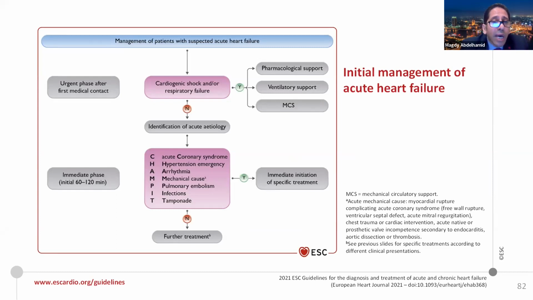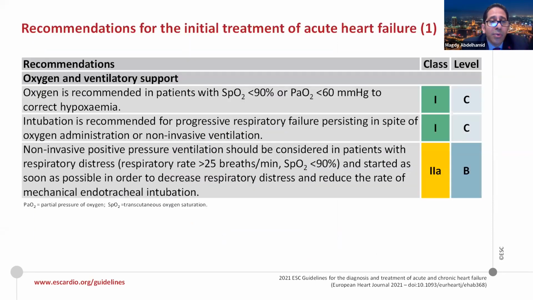If there is no cardiogenic shock and/or respiratory failure, we have to identify the acute etiology: acute coronary syndrome, hypertension emergency, arrhythmias like rapid atrial fibrillation or ventricular arrhythmia, mechanical causes like papillary muscle dysfunction, ruptured papillary muscles, acute mitral regurgitation, pulmonary embolism, in addition to infections and tamponade, and treat specifically according to the cause.